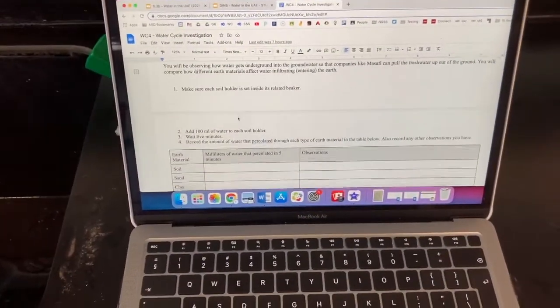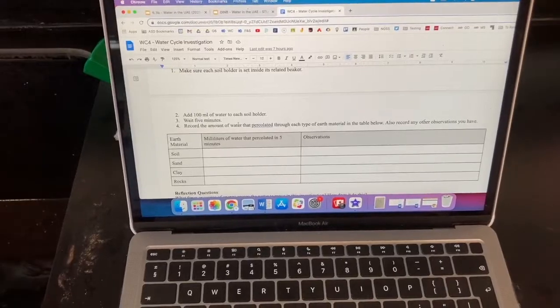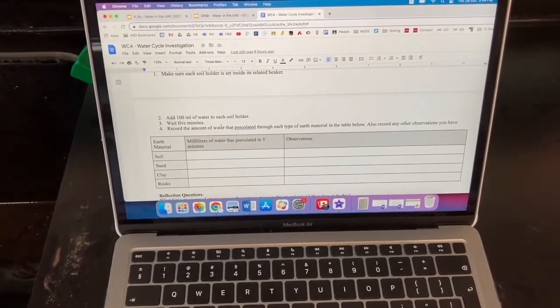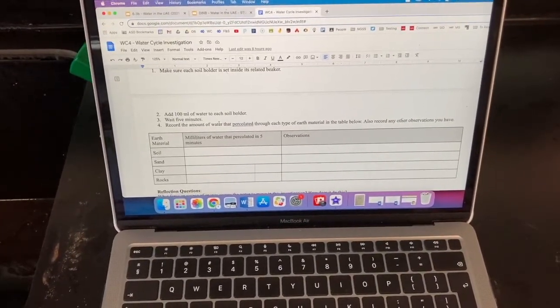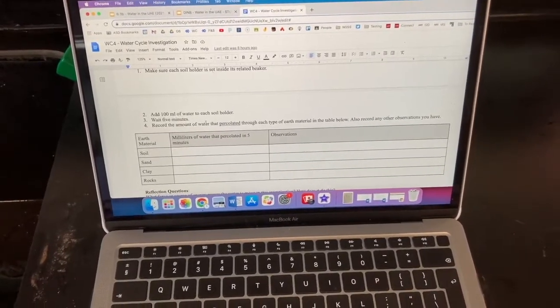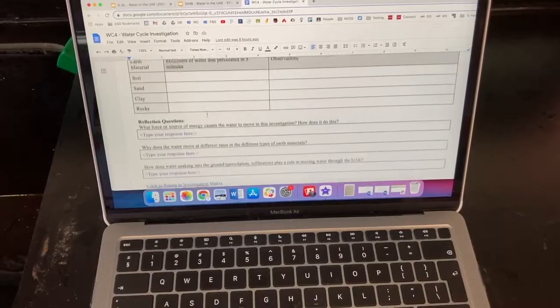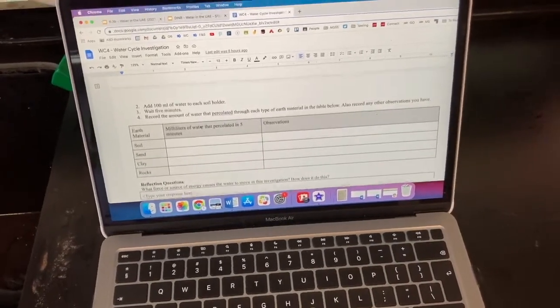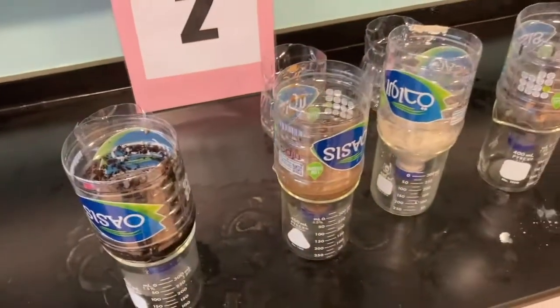We're going to pour 100 milliliters of water in each one and then wait 5 minutes. You're going to record observations of what happens and how many milliliters of water percolate through. Once you do that, there will be 3 reflection questions. All right, so let's get started.